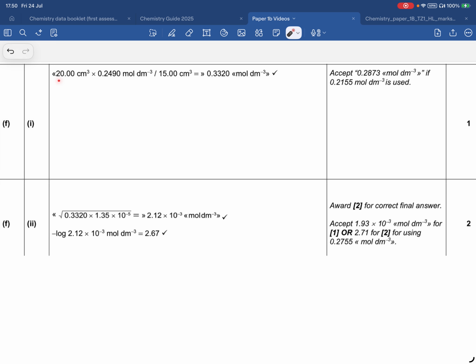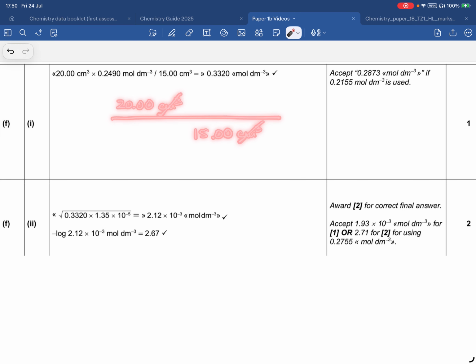Now, in the mark scheme, they use the centimeters cubed. They don't translate it to decimeters cubed simply because this one right here is on the bottom and that one right there is on the top. So you end up with this kind of situation, and the centimeters cubed cancel out.